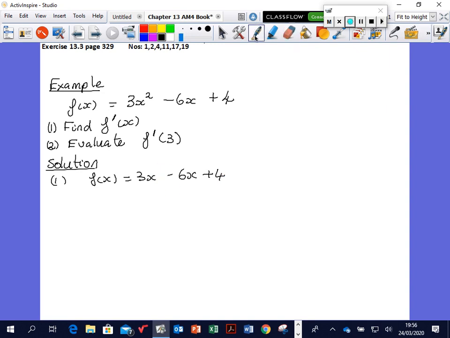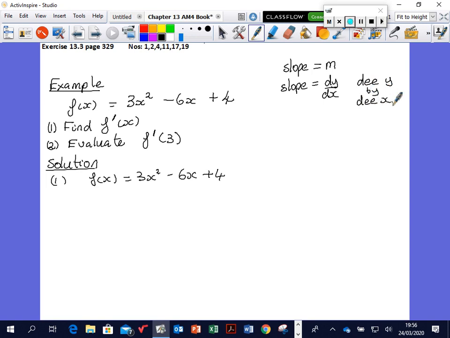Now, what we saw earlier on is that there are different ways of writing down slope. Slope can be written equal to m. Slope can be written equal to dy dx. Please learn that expression of saying it. It's dy by dx.